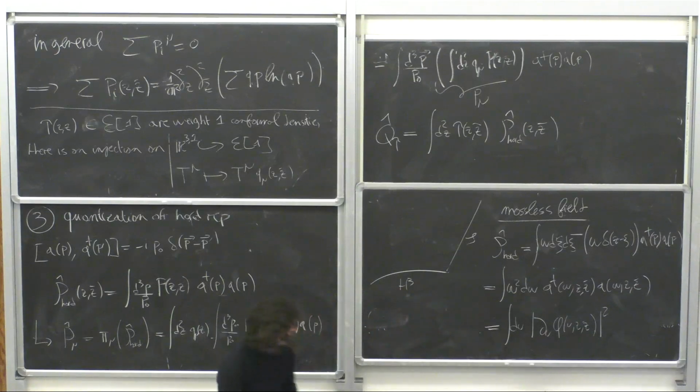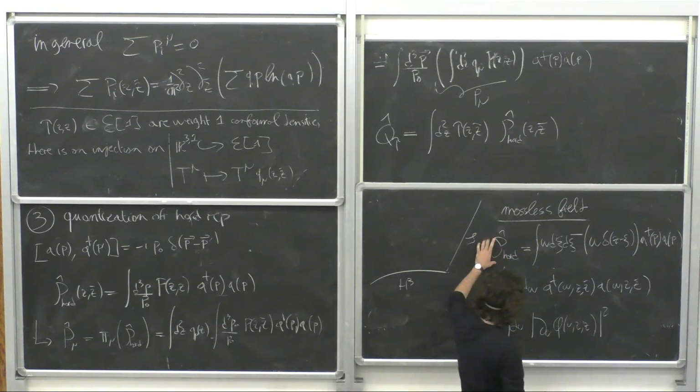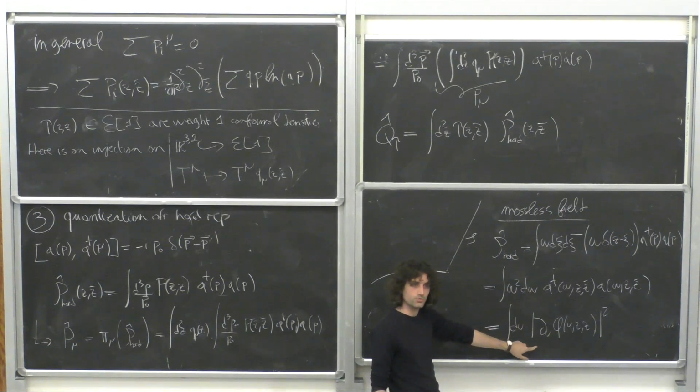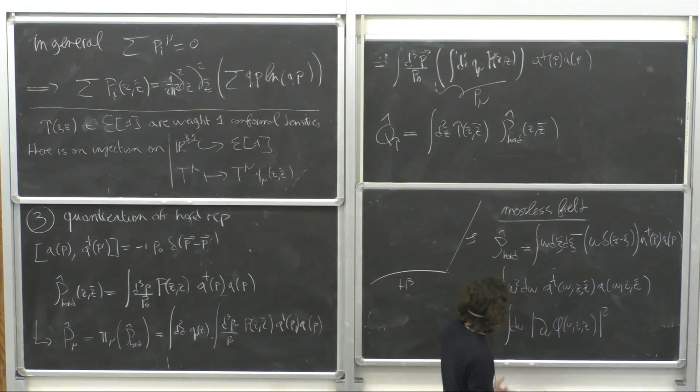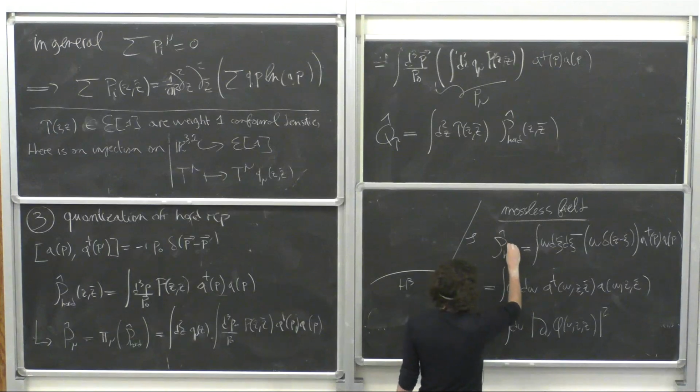So just to see how all this works out together. This is the usual R generator. This is the news squared term that we have in the usual BMS type of flux, and this is the usual energy. But now, again, this is a super momenta generator, so it depends on this z bar.